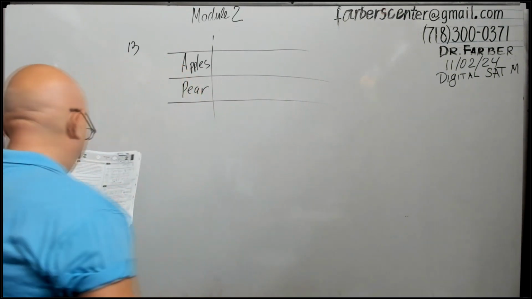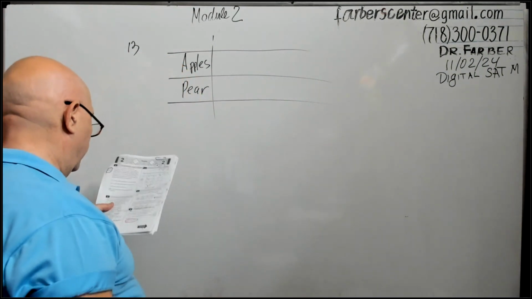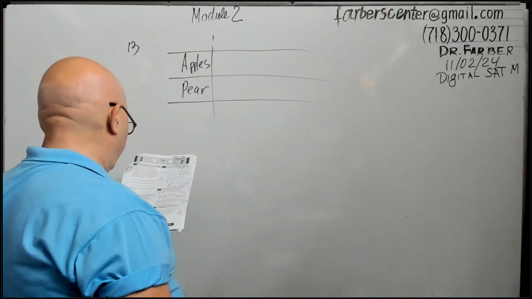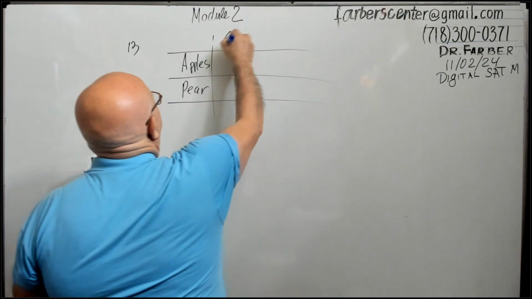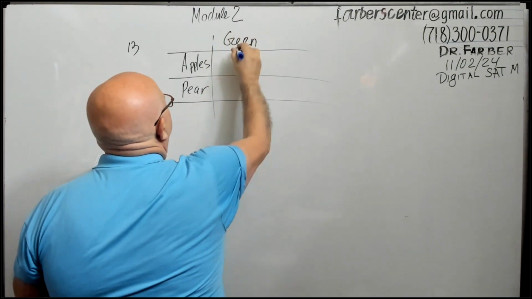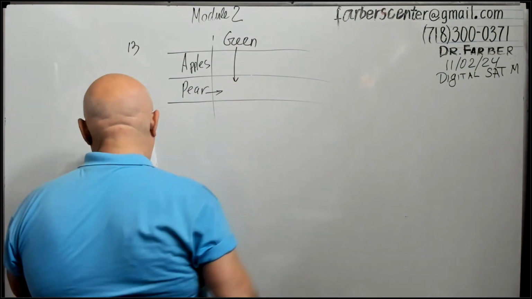What is the probability that green that is selected is pear? Look at this green, and look at this pear, this one, intersection. What do we have here? 15.